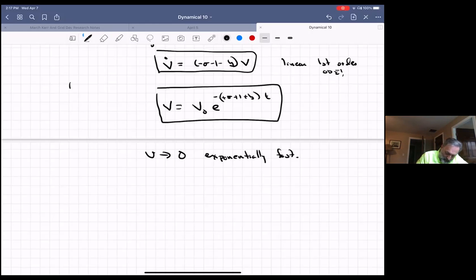So if I have X, Y, Z, and I start with some ball here, and I integrate all of the points of the ball that are inside that ball forward in time. So all those points are different starting places in the trajectory. I integrate all those different places forwards in time. The amount of space that that ball occupies later has 0 volume, exponentially fast.